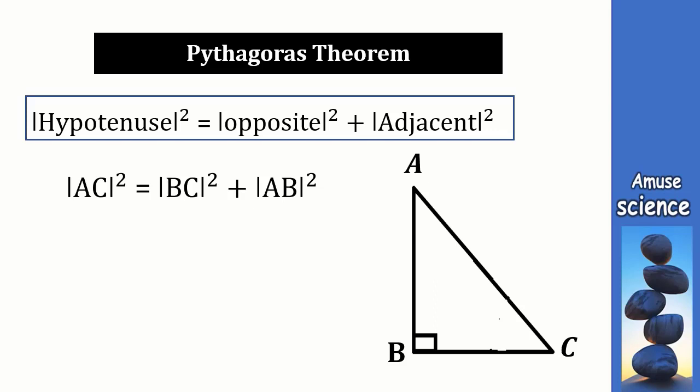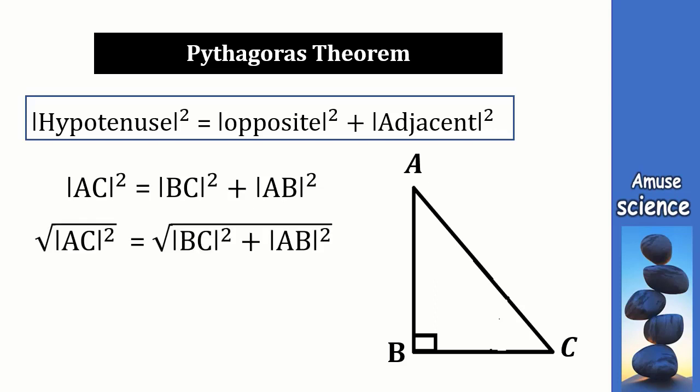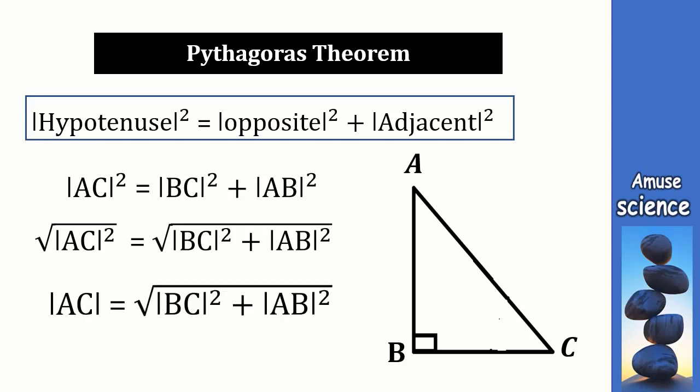And in case we want to find the length AC, it means we have to take square roots on both sides. And by taking square roots on both sides, we are going to get the side AC is equal to the square root of BC squared plus AB squared. And this is a very important relationship we will need together with the trig ratios to solve a lot of problems.